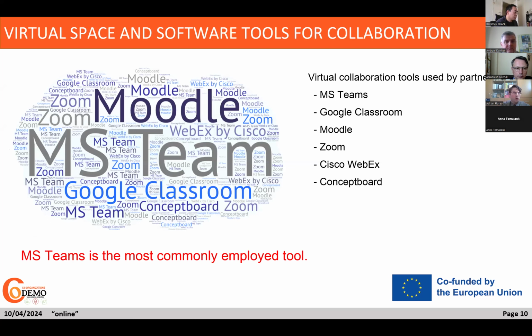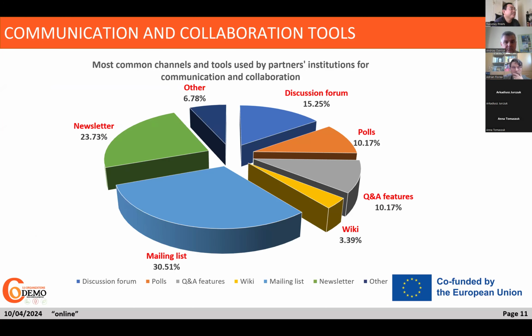We also asked how we communicate, and of course, most answered about their facilities like Microsoft Teams or Google Classroom or Moodle or Zoom or WebEx or whatever, depending on the specifics of the institution. But Microsoft Teams was the most used.